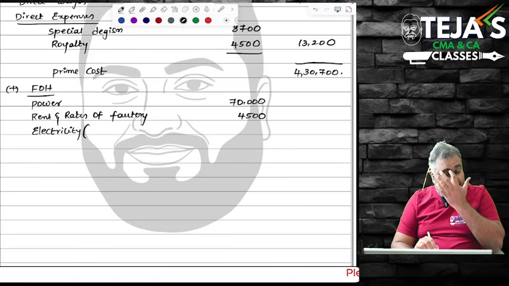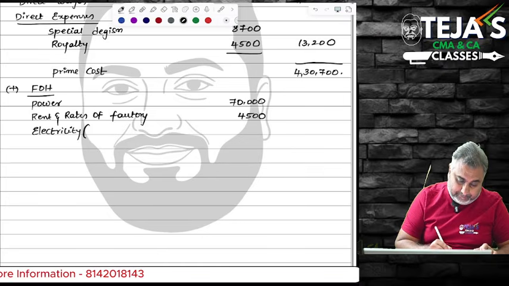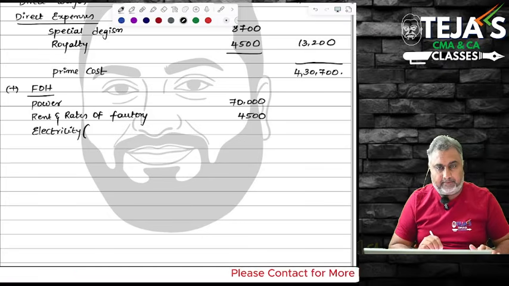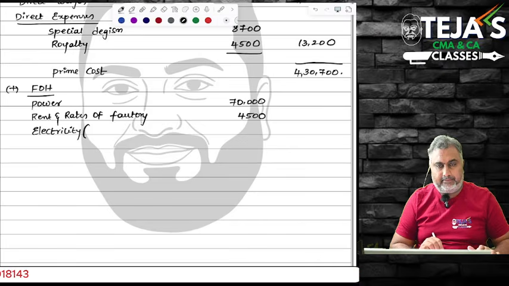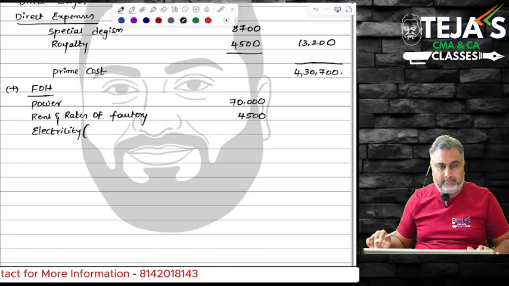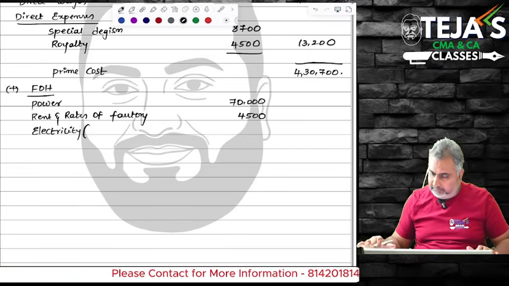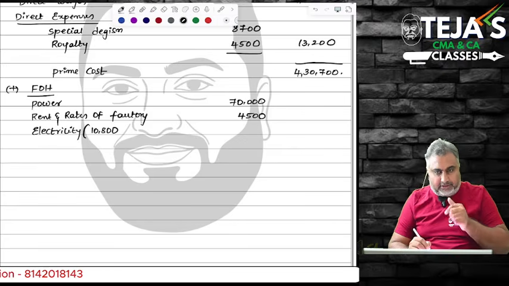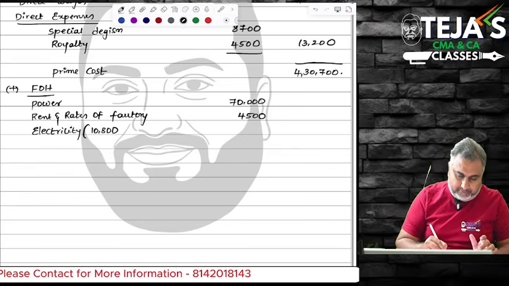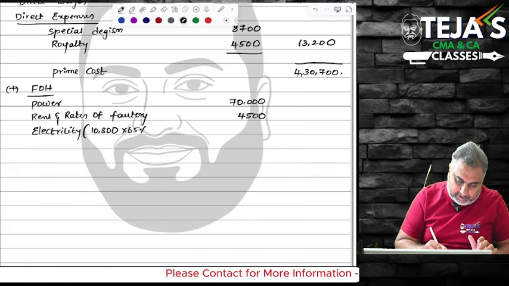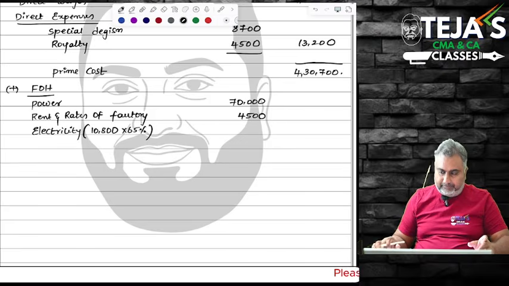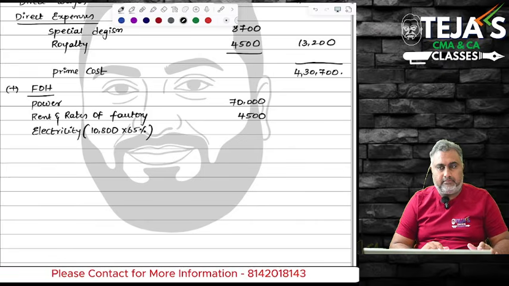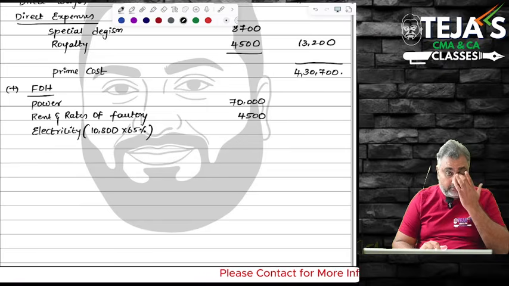Total electricity amount, how much is given? 10,800. 10,800 into 65% belongs to factory. So 10,800 into 65% is 7,020.